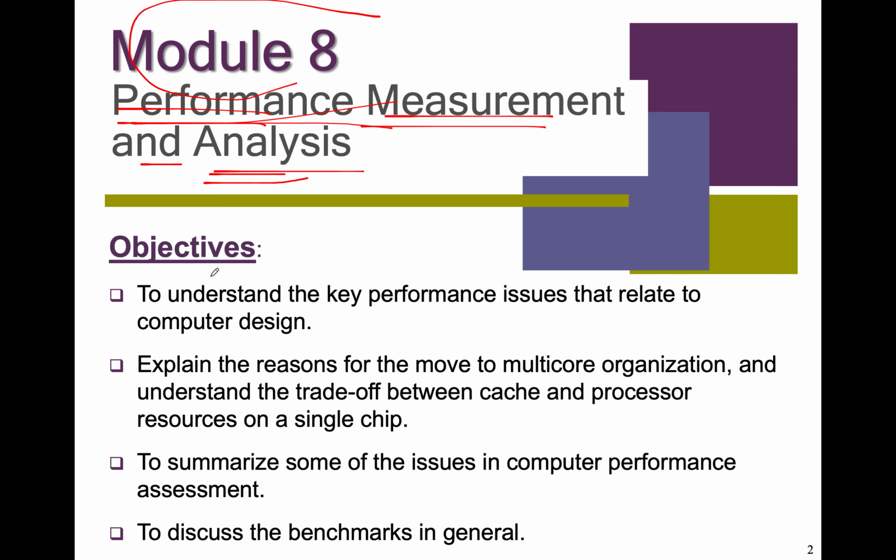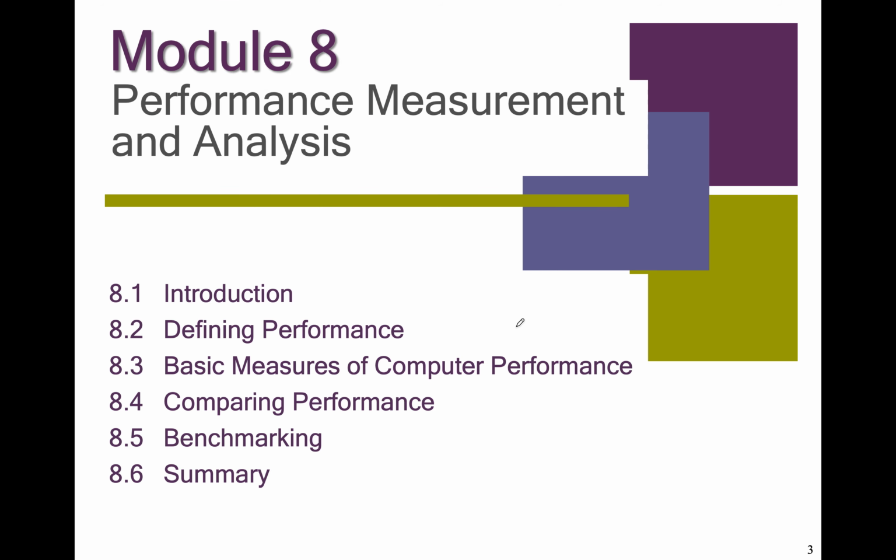So the objectives are to understand the key performance issues related to computer design, explain the reason for the move to multicore organizations, and understand the trade-off between cache and processor resources on single chips. To summarize some of the issues in computer performance assessment, and lastly to discuss benchmarks in general. Maybe sometimes you will not understand it fully because some of the terms are new for you, right? So we move first to the introduction.